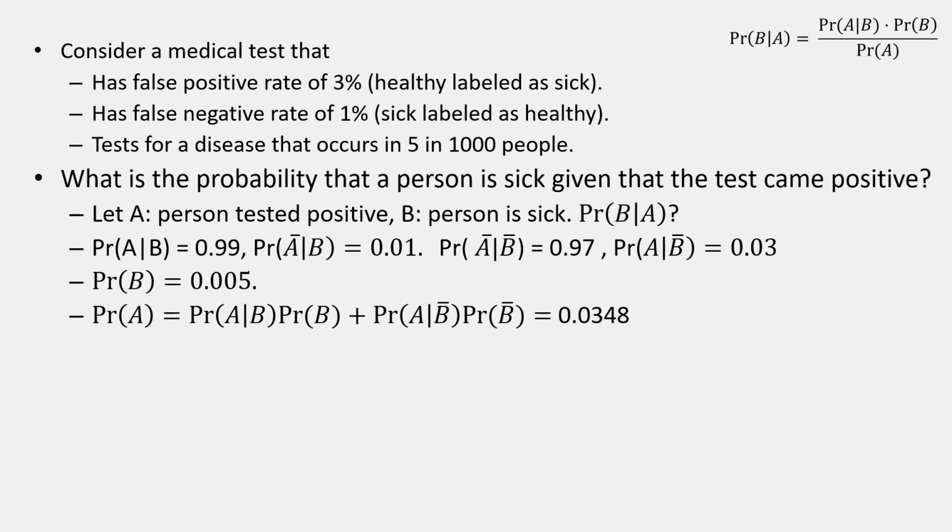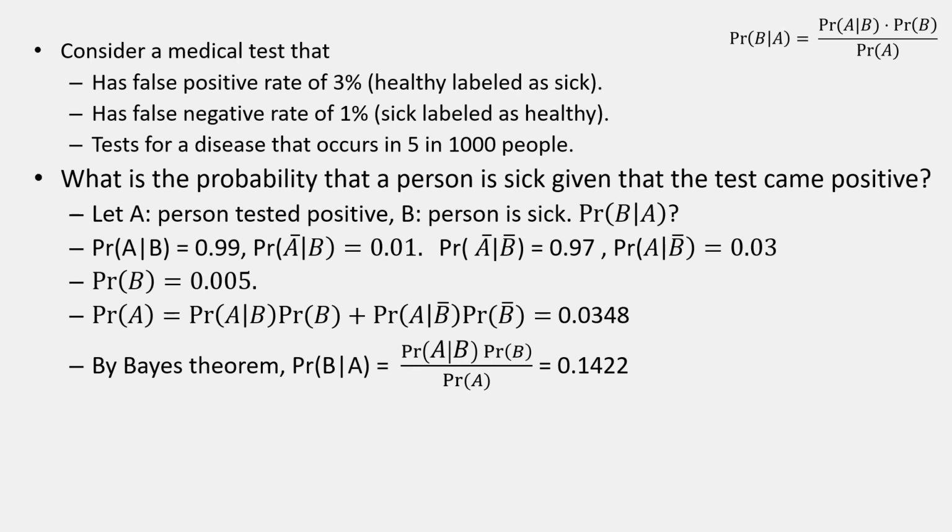So probability of test coming up positive is probability of test coming up positive and the person is sick, plus probability of test coming up positive and the person is healthy. And if you plug in the numbers, it works out to be roughly 0.0348. So in about 3.5% of all tests, they will be positive.